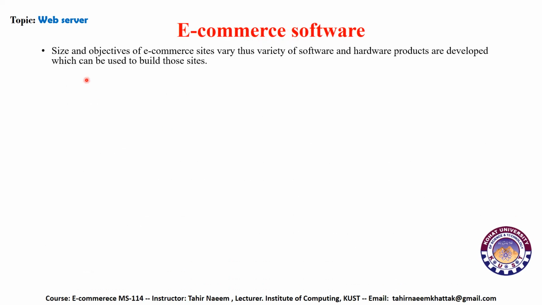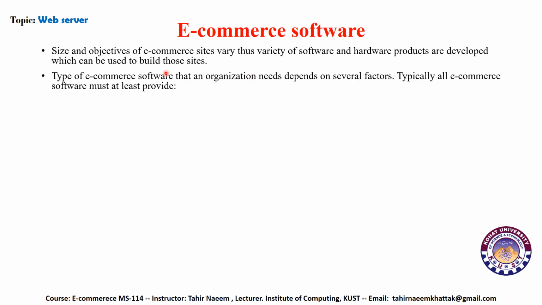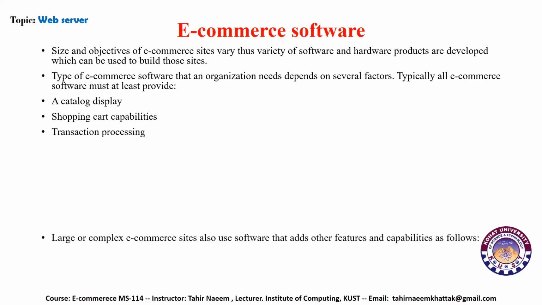E-commerce software. The size and objectives of e-commerce sites vary, thus a variety of software and hardware products have been developed which can be used to build those sites. The types of e-commerce software that an organization needs depend on several factors. Typically, all e-commerce software must at least provide catalog display, shopping cart capabilities, and transaction processing.